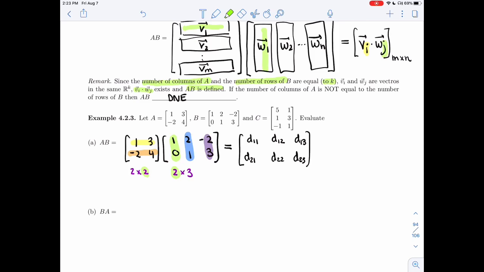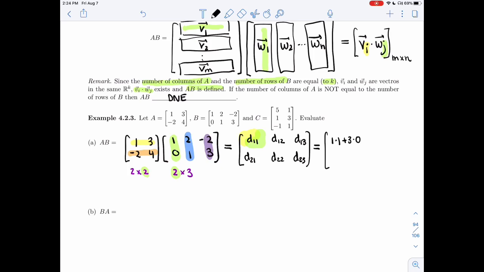So if I'm at D11, I'm told to take the first row and also the first column. So first row is yellow, first column is green, and so I'm going to take the dot product of 1, 3 and 1, 0. So I'll get 1 times 1 plus 3 times 0. That's what happens when I take yellow times green.